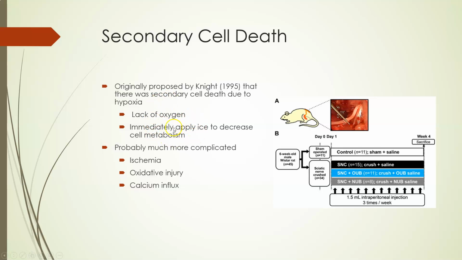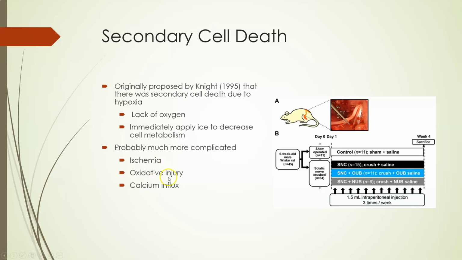There's some problems with that, primarily from the standpoint that the lack of oxygen isn't as common as some of these other sorts of things, calcium, oxidations, mitochondria things. It's probably secondary cell death, however much occurs, which it's almost impossible to determine what is caused by primary cell death and what's caused by secondary cell death.